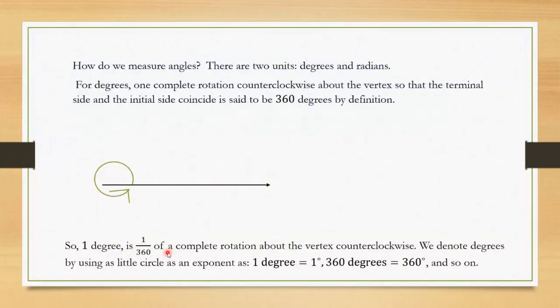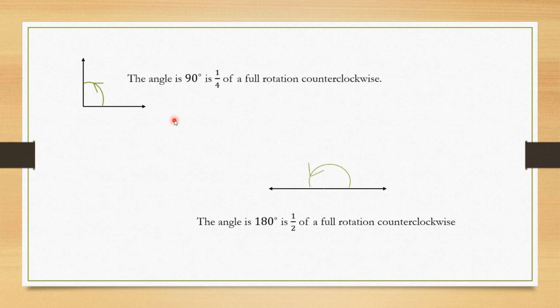But notice here, we have some examples. For instance, 90 degrees is a fourth, or a quarter, of a full rotation counterclockwise. 90 is a fourth of 360.